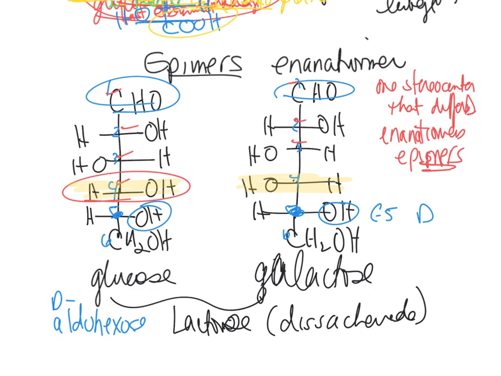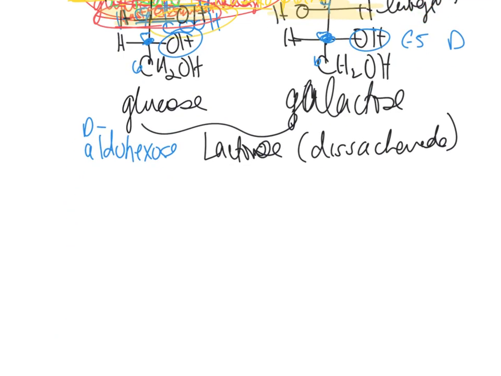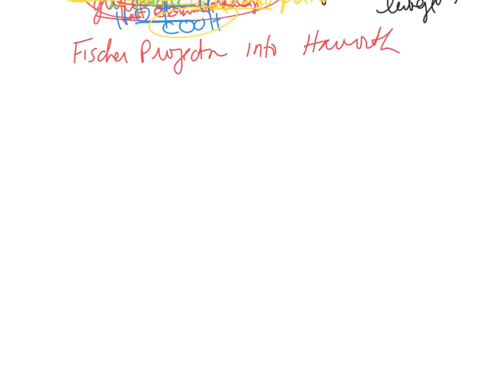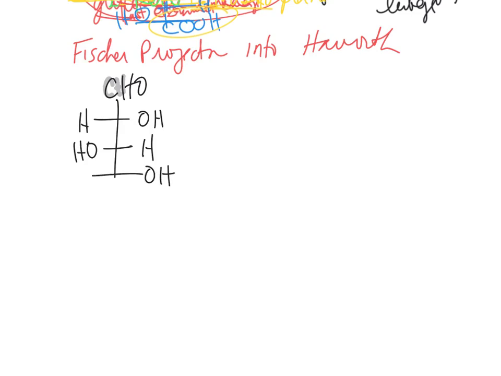All right, one of your goals was to be able to convert the Fischer projection into your Haworth. And I want you to be able to do that. So here we go. I think this is glucose. Yeah, this is glucose. We're going to convert glucose.